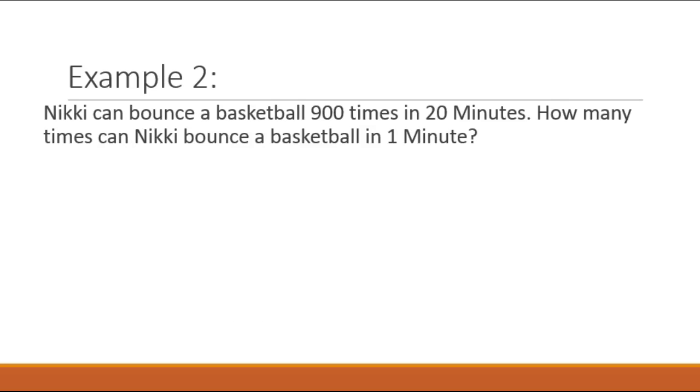Alright, so let's look at working out example 2. We're bouncing a basketball 900 times in 20 minutes. How many times can Nikki bounce a basketball in 1 minute? So once again, I'm going to set my ratio first, and the way I'm going to set this ratio is in fraction form. So I take 900 to 20.